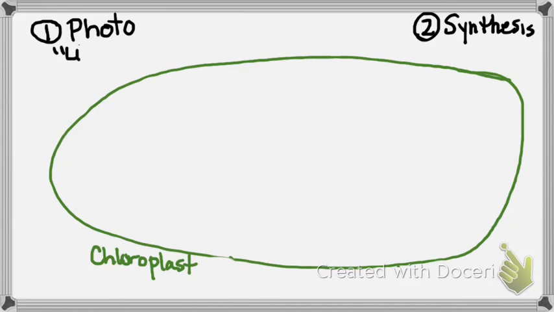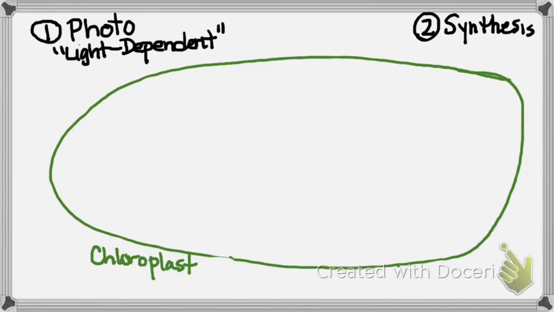The photo part, the first step here, is often called a light-dependent reaction. That means it has to have light in order to work. The synthesis part is not going to be light-dependent. It is not going to require light for it to occur.